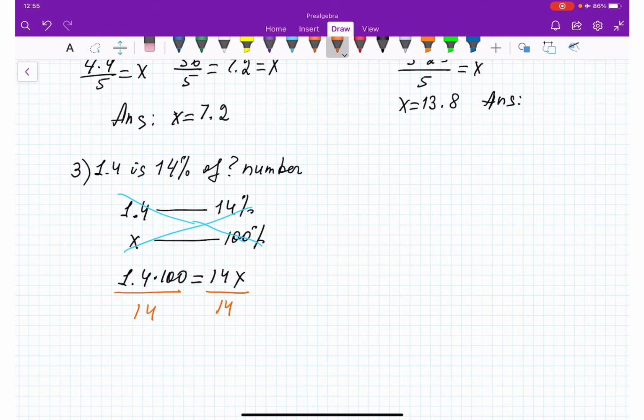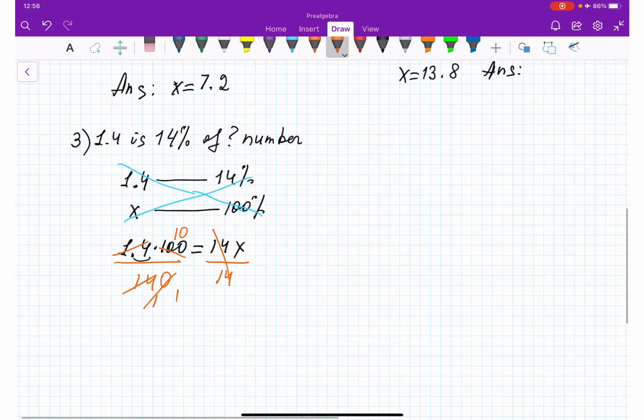Here I have 1.4. Let me increase by 1 here and add here 1 0. Okay? So that would be easy, which means this 14 and 14 will be gone. I will have here 10. 10 and 100, this is 1, this is going to be 10, right? So x is equal 10.